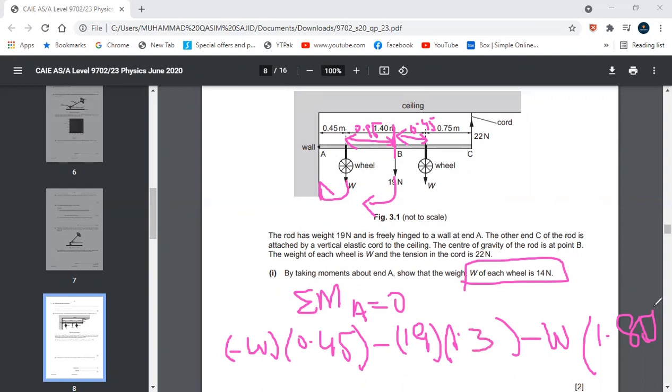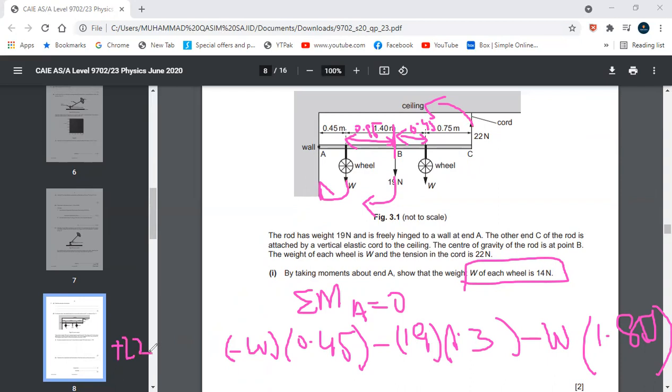Now the last one is this force, which is anti-clockwise, that is upward. So this must have a positive sign. How much positive? 22.